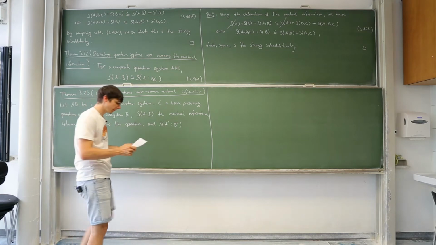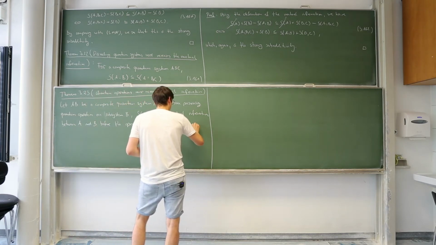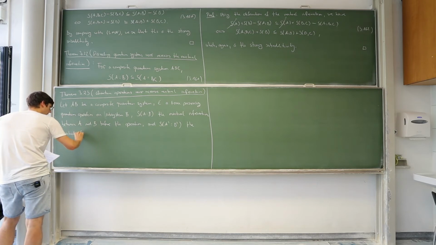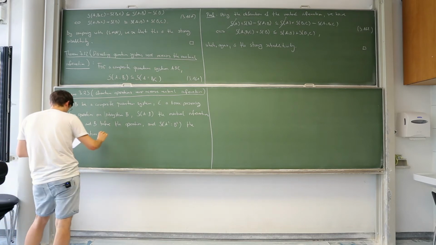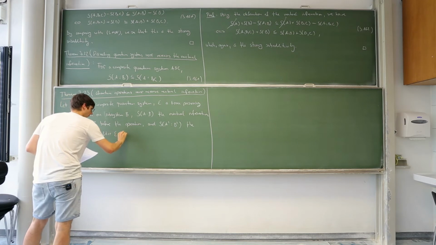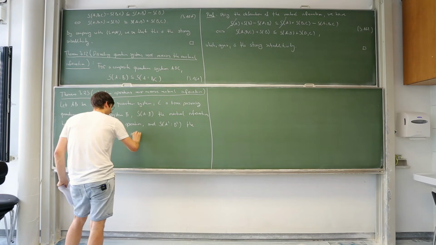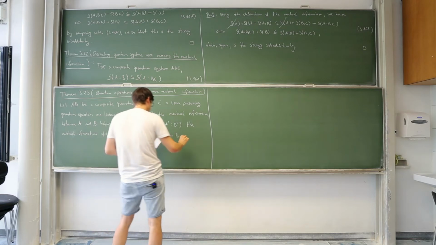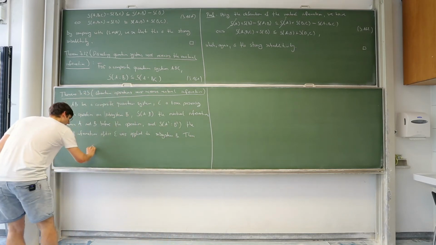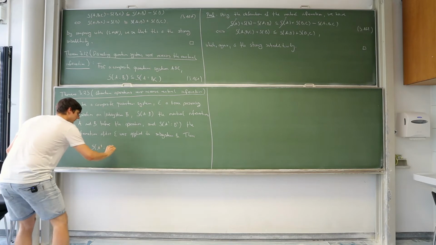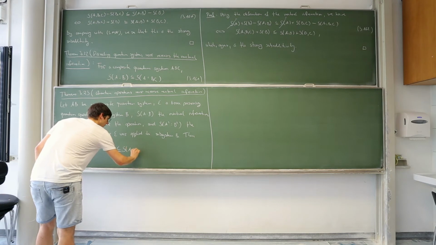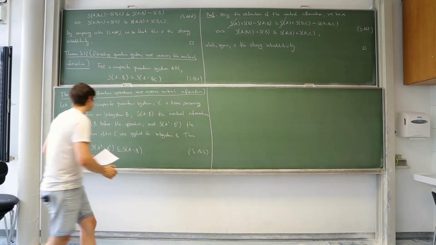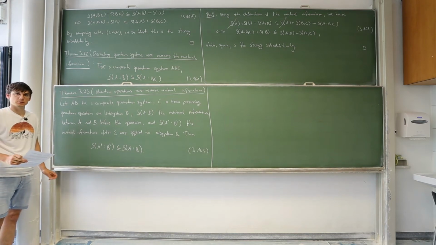So this we indicate by this prime, after E was applied to subsystem B. Then the mutual information after this quantum operation is smaller or equal to the mutual information before we applied this trace-preserving quantum operation. Okay, and we're going to also prove this theorem.